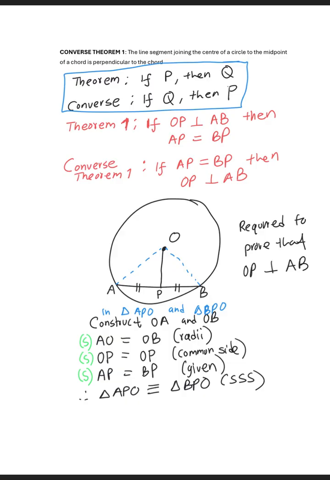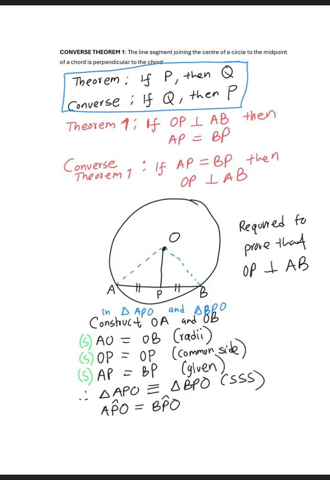Because the two triangles are congruent, they have the same measurements. Their corresponding angles and sides are equal. So we can say that angle APO is equal to angle BPO.